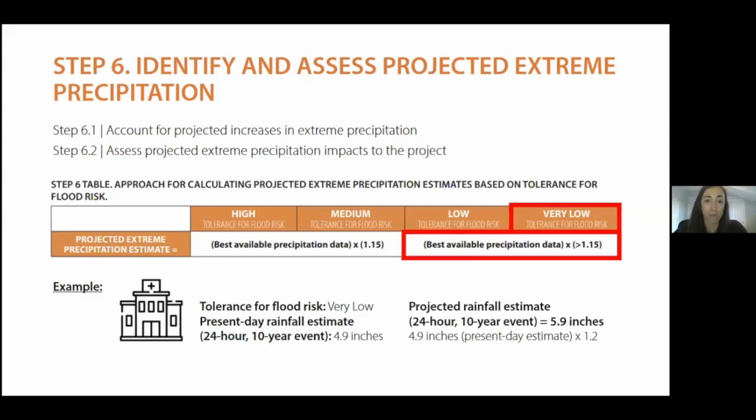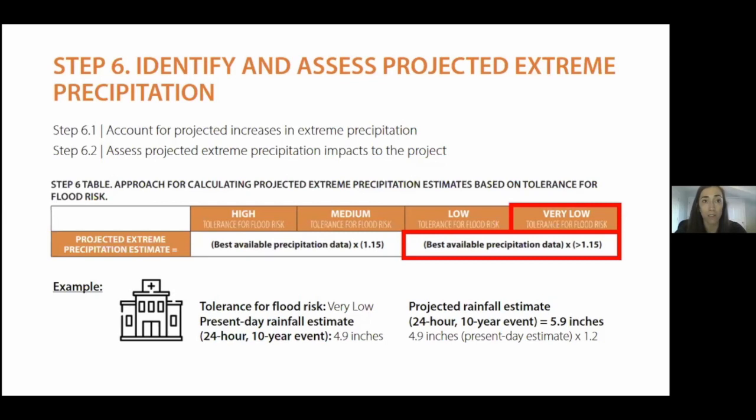Let's say that the storm duration and recurrence interval of interest for our hospital is the 24-hour 10-year storm event, which according to the Northeast Regional Climate Center data is expected to produce 4.9 inches of rainfall at our project location. Given that our hospital has a very low tolerance for flood risk, I'm going to consult the rightmost column in the step 6 table and multiply my present day extreme precipitation estimate of 4.9 inches by greater than 15%.